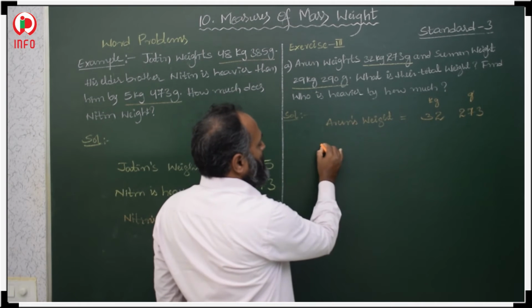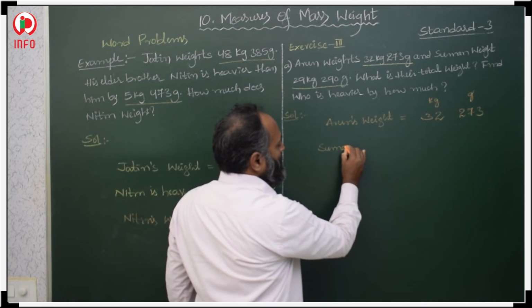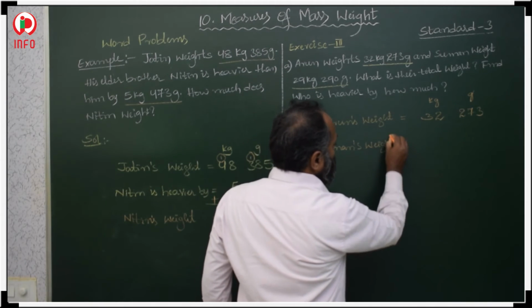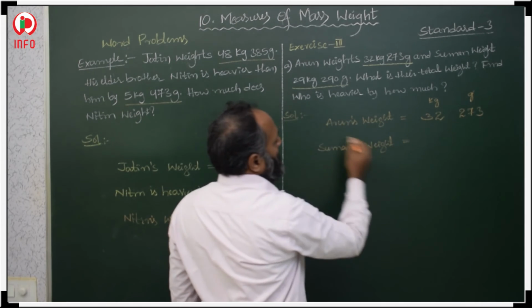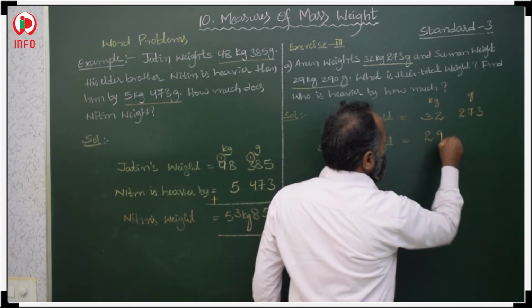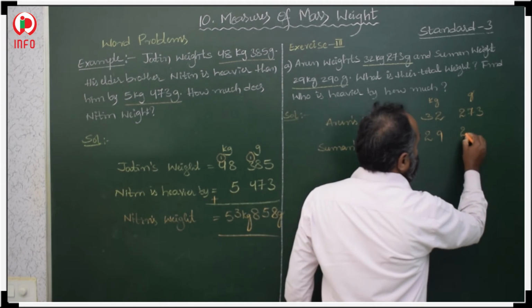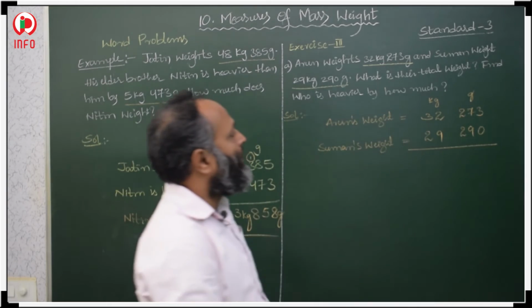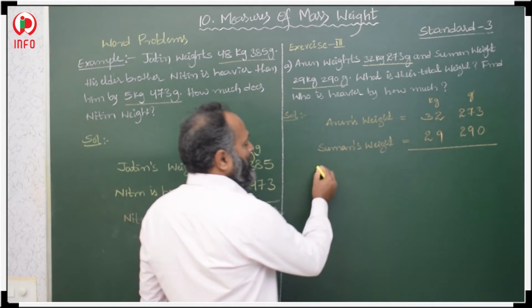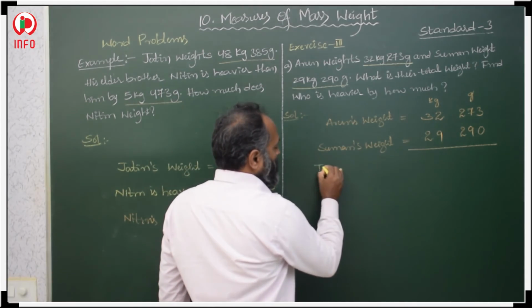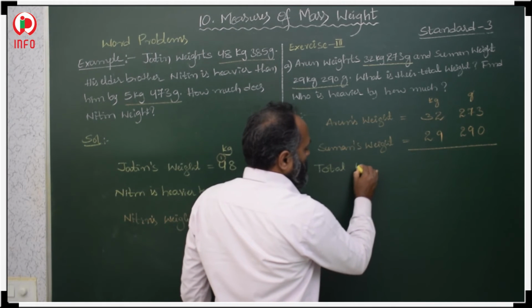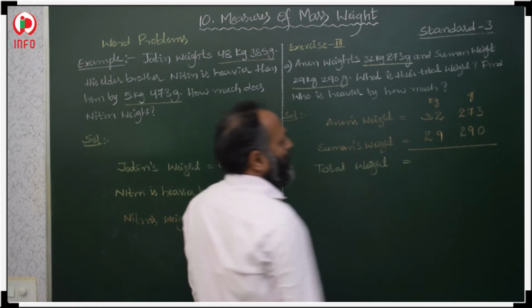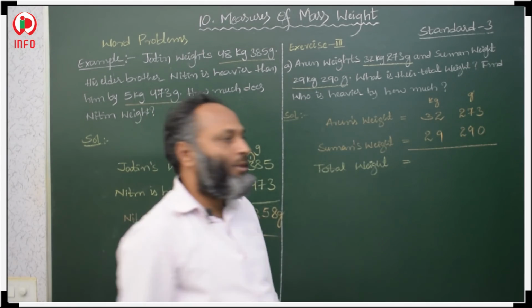Next after that, Suman's weight: 29 kgs, 290 grams. Now what we have to do? We have to find their total weight. Total means we have to add both.